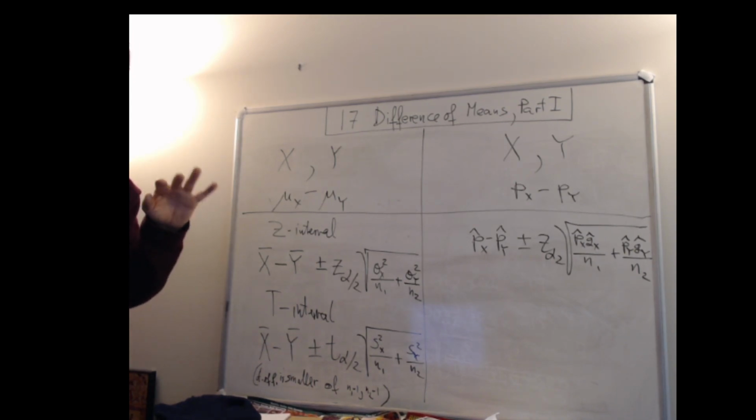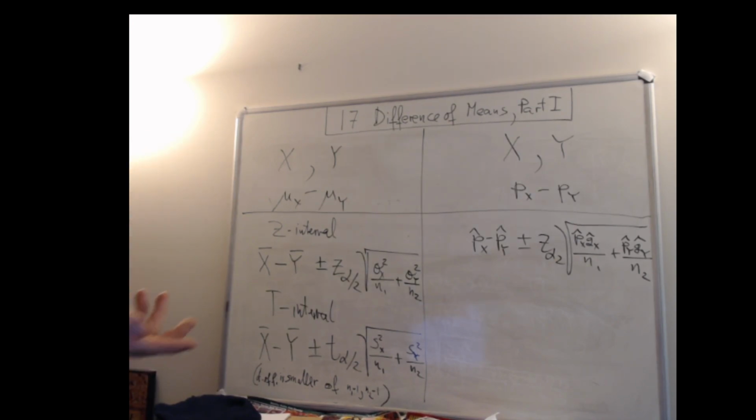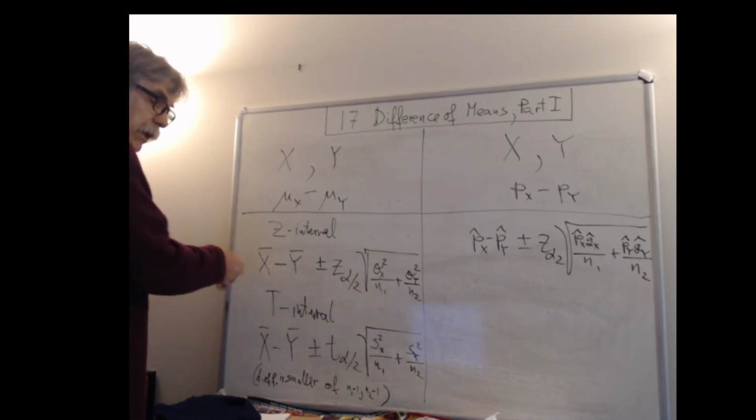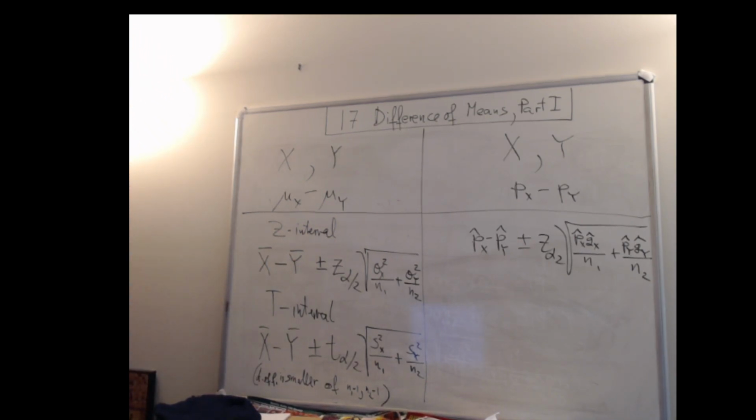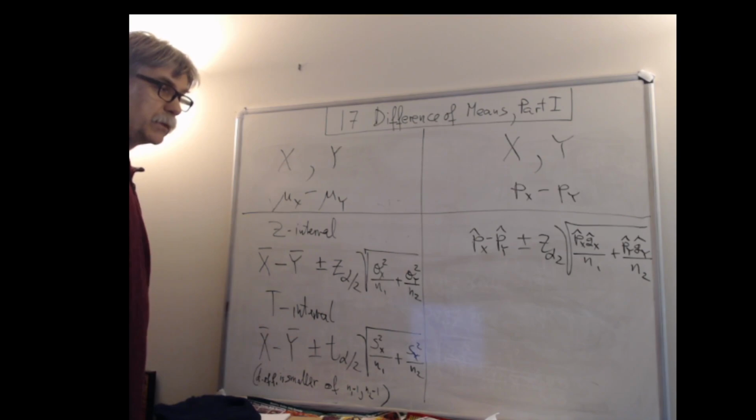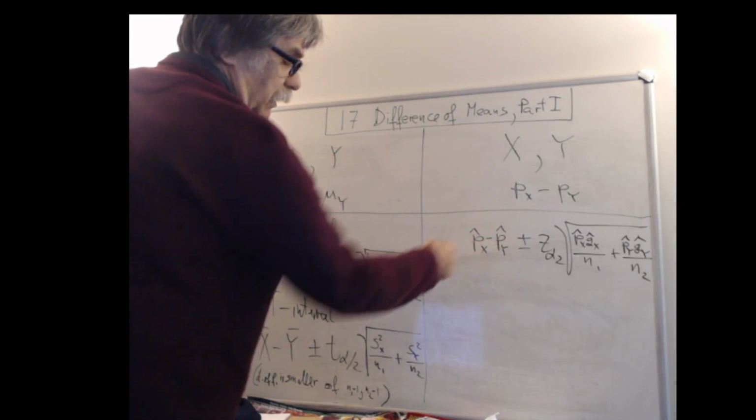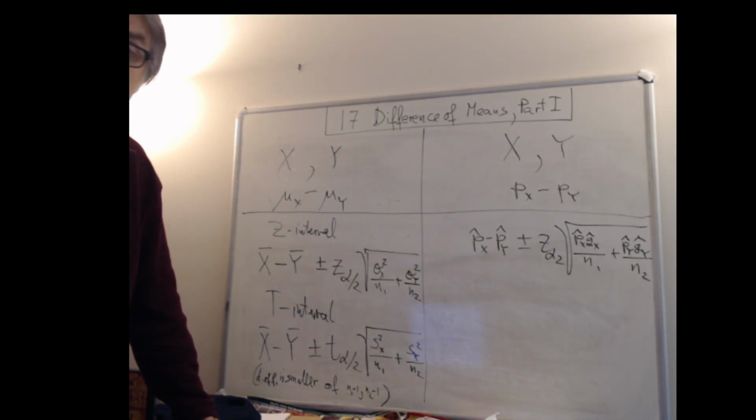Okay, you've got to also remember the following. You will always use the x to be bigger values, the y to be smaller values. The same thing here. You don't have to use that, that's not needed. But if you don't use it that way, then you are going to end up with negative numbers, right?